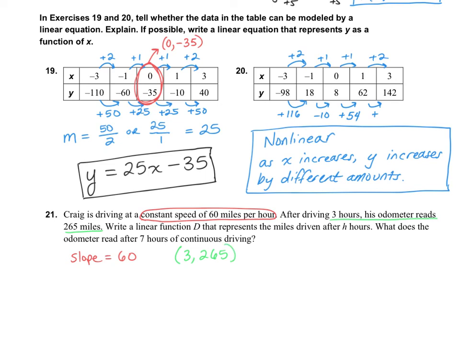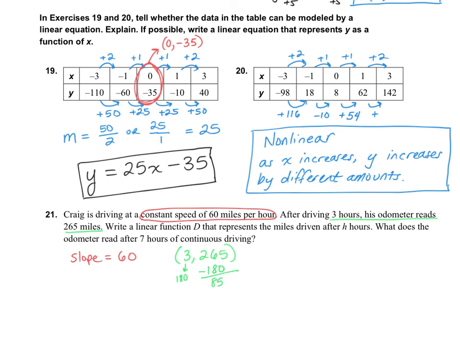What I could do is plug my slope and my point into the point-slope form and then solve for y. But I can think about this a little differently. After 3 hours, he's driven 180 miles because he drives 60 miles per hour. So if we subtract 180 from 265, that will tell us what his starting point was. 265 minus 180 is 85.